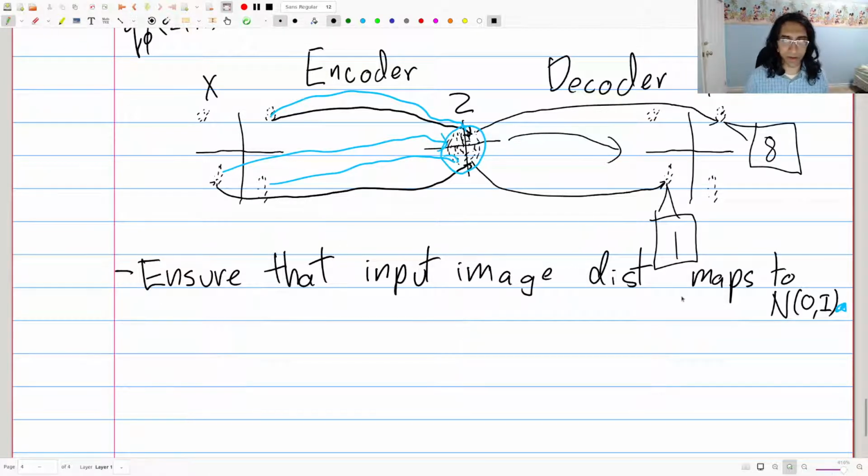Let me say more mathematically how we're going to do this. What term in the objective function is going to try to ensure this?